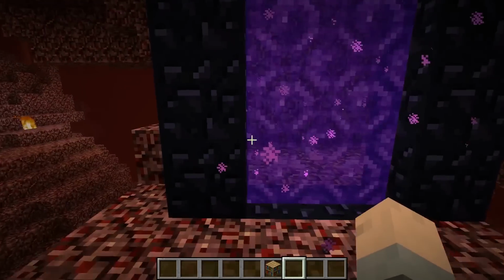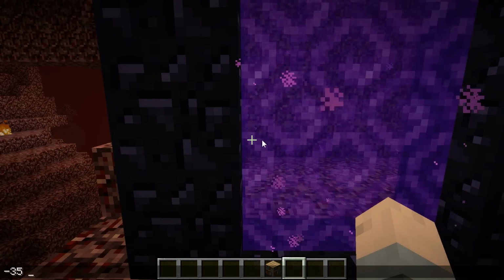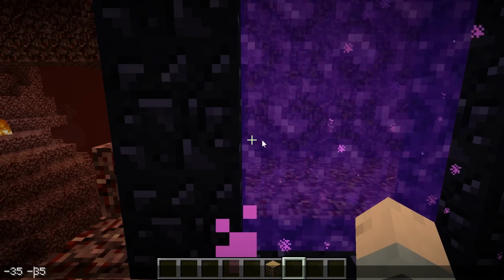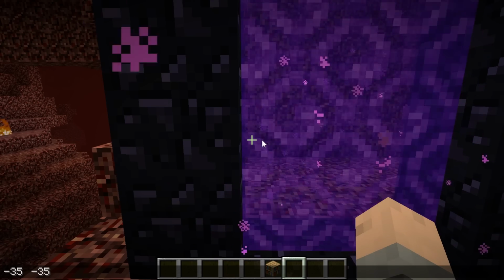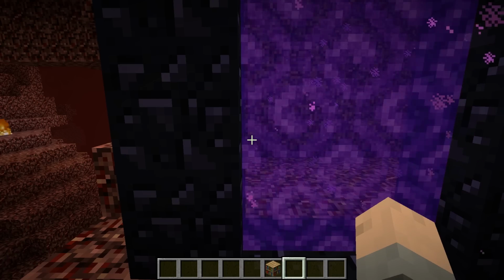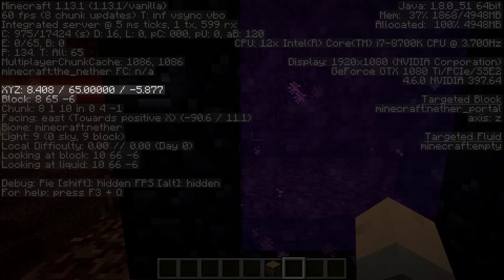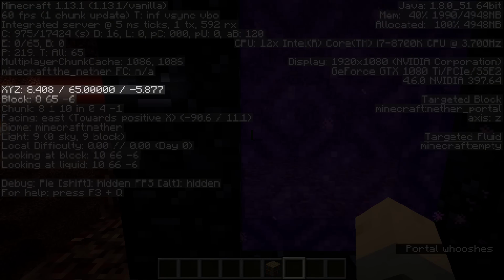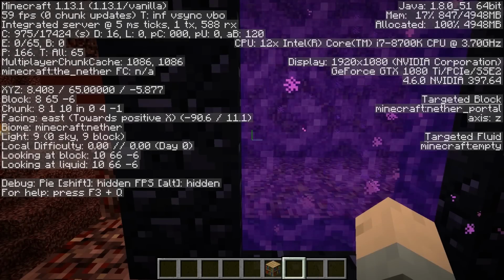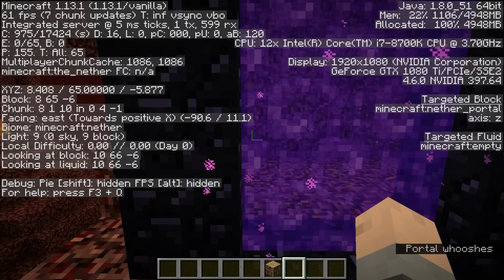Back in the overworld, you remember that I was negative 35, and we don't really care so much what that middle number is. That number, which is also the y coordinate, or in F3 the number that shows up in the middle, which is 65 right there in this dimension, is the same. You don't have to divide it by 8, so we can almost ignore it.